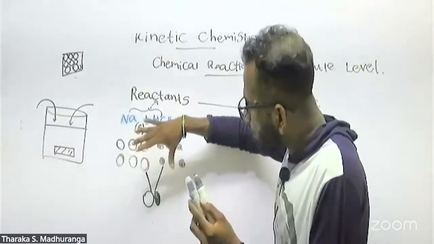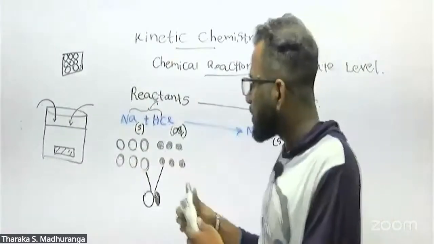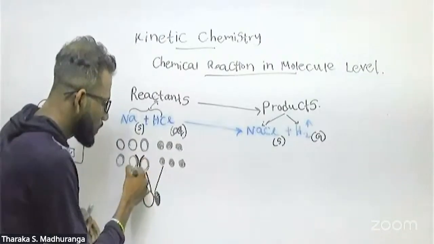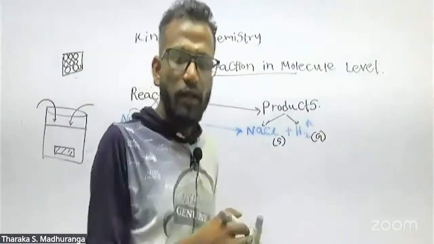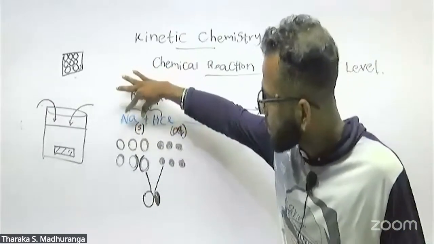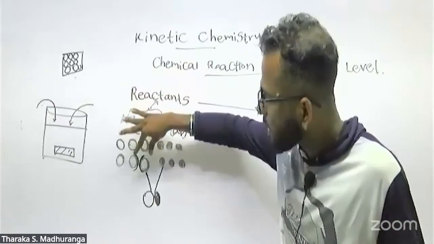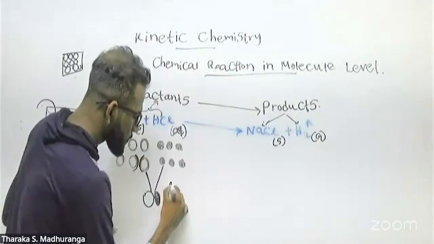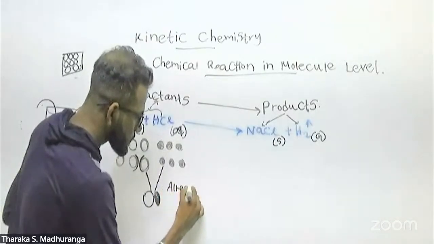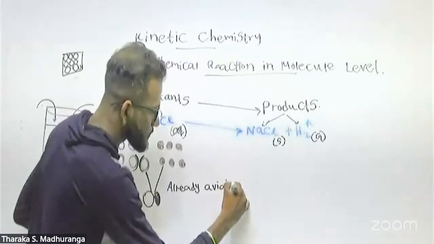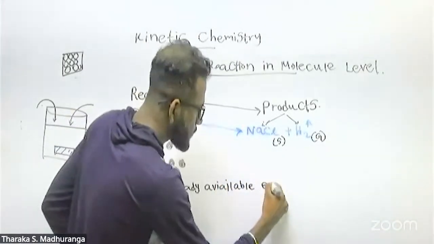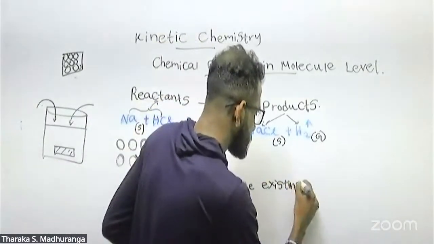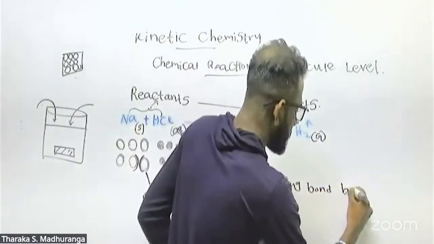What happened? They already have available bonds. Already available bond means that in this molecule there is a bond like this, an existing bond. Existing bond means that's a solid, sodium is a solid. They have bonds. This bond, what happened? Already available existing bonds break down.